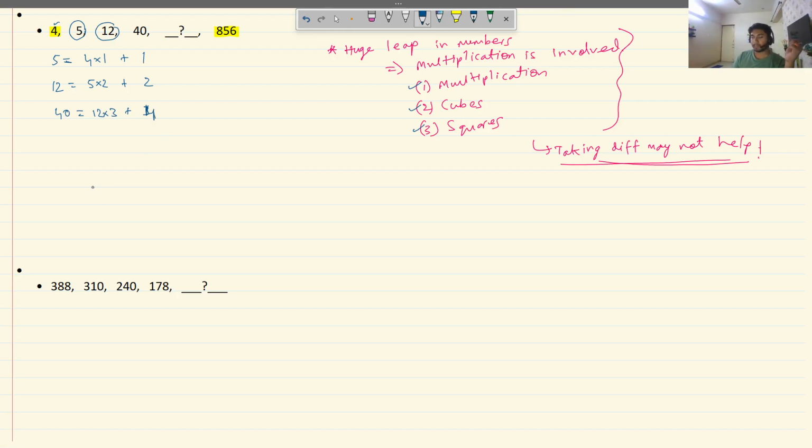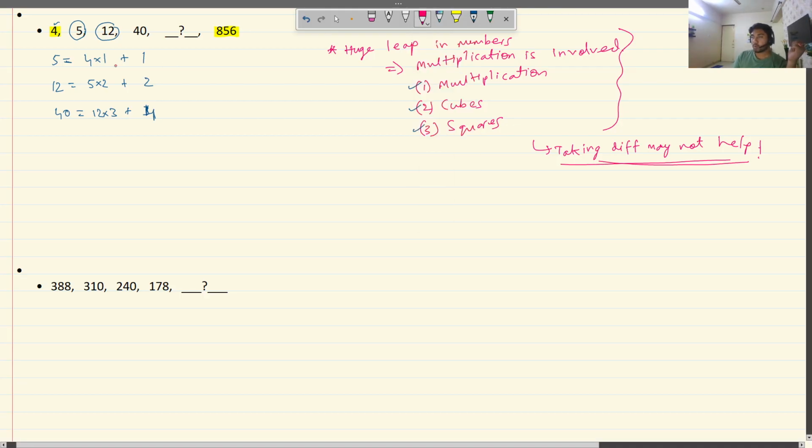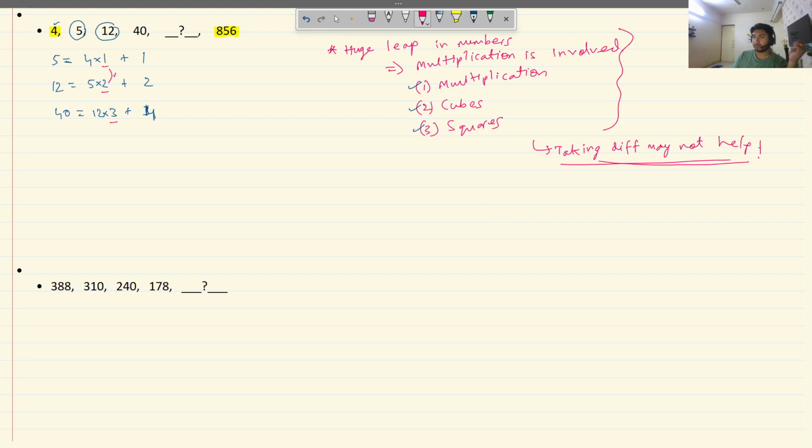Okay, if this is the case, that means these numbers are increasing at an increment of 1, and this number 1 can be written as 2 to the power 0, 2 can be written as 2 to the power 1, and 4 can be written as 2 to the power 2. So this is increasing in the powers of 2, right? Let's see if our hypothesis holds or not.